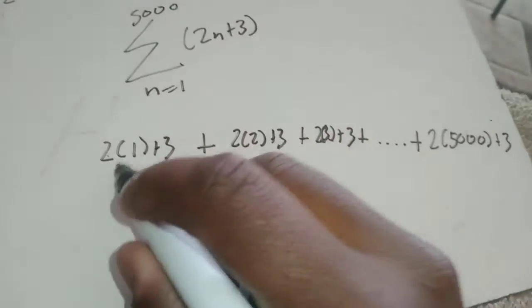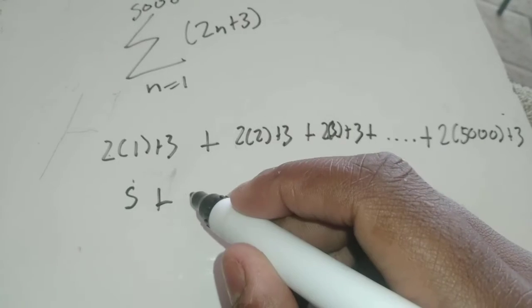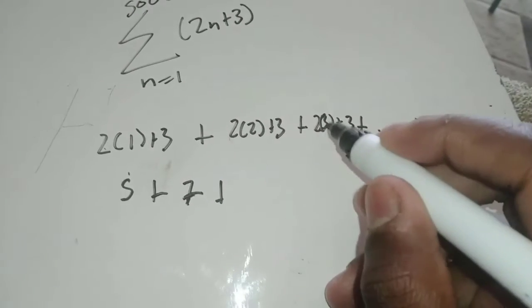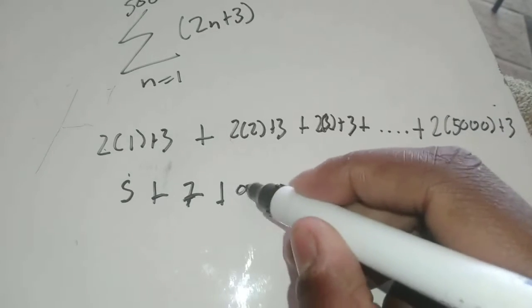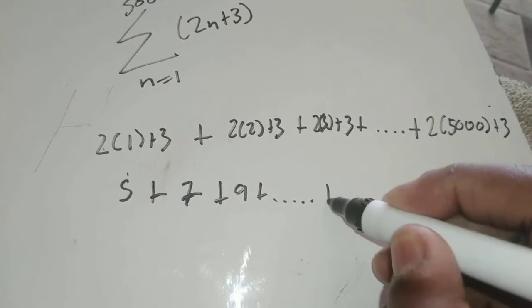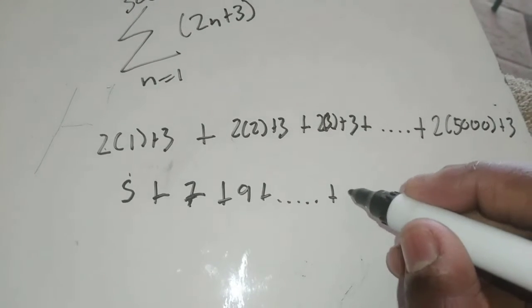On the next line, 2 times 1 is 2 plus 3 is 5. Here, 2 times 2 is 4 plus 3 is 7. I guess the next one will be 9, probably. 2 times 3 is 6 plus 3 is 9. Yes, indeed, it's 9. Plus dot dot dot. 2 times 5,000, which is 10,000, plus 3 is 10,003.